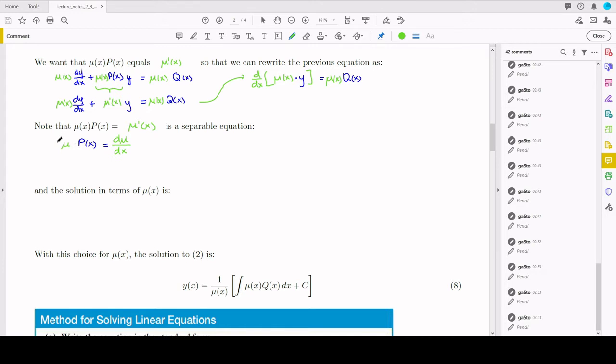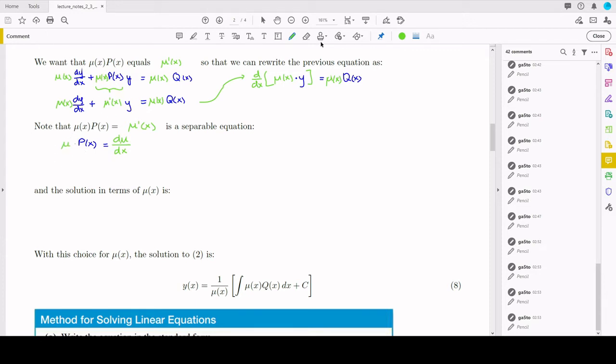So it may help you to think of the mu as a y for a moment. So I have y here times a function of x, and then d mu dx, or dy dx if we think of mu as y. And so we have separated the y's and the x's, and that's a separable equation.